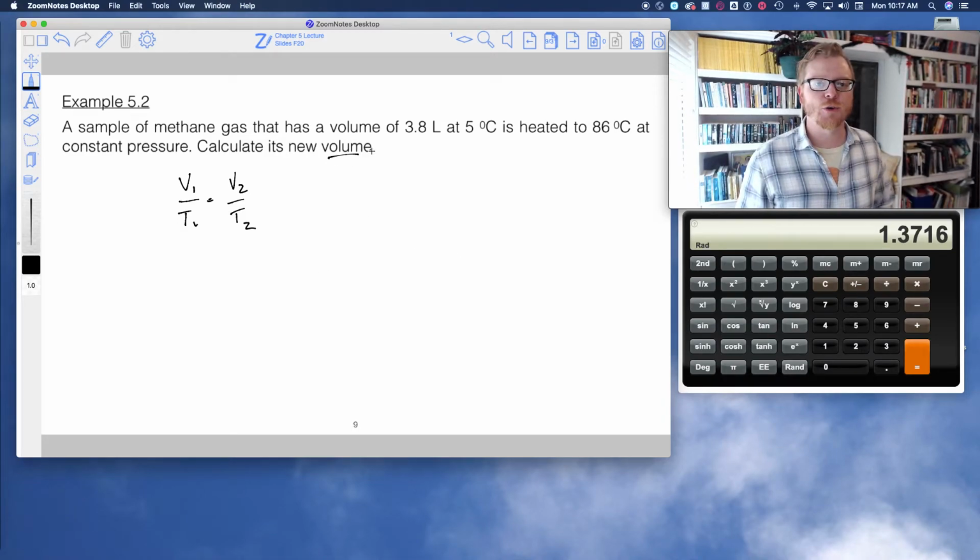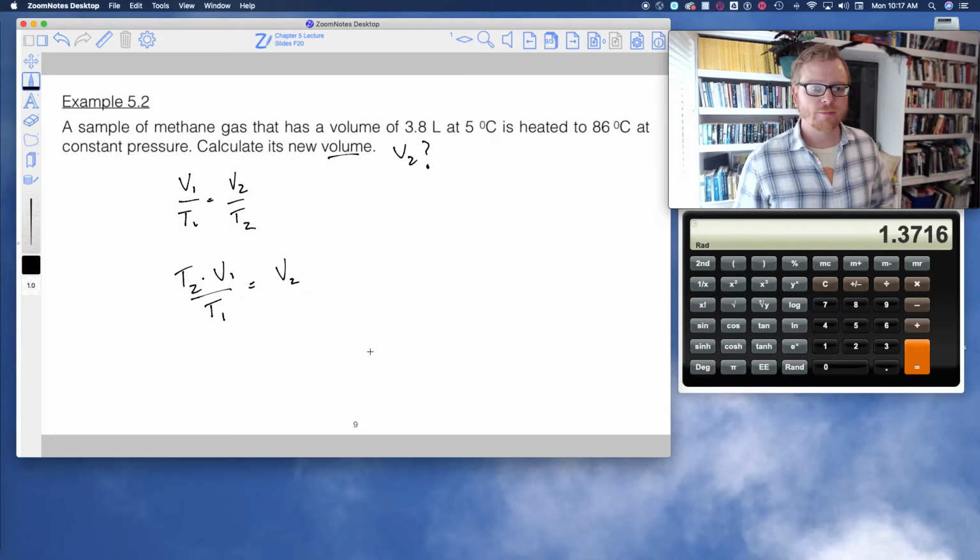So we're going to calculate its new volume, so let's make that V2. And I'm going to multiply both sides by T2, so I can isolate that variable. And now that's going to be T2 times V1 divided by T1 equals V2. Okay, so V1 is 3.8 liters.